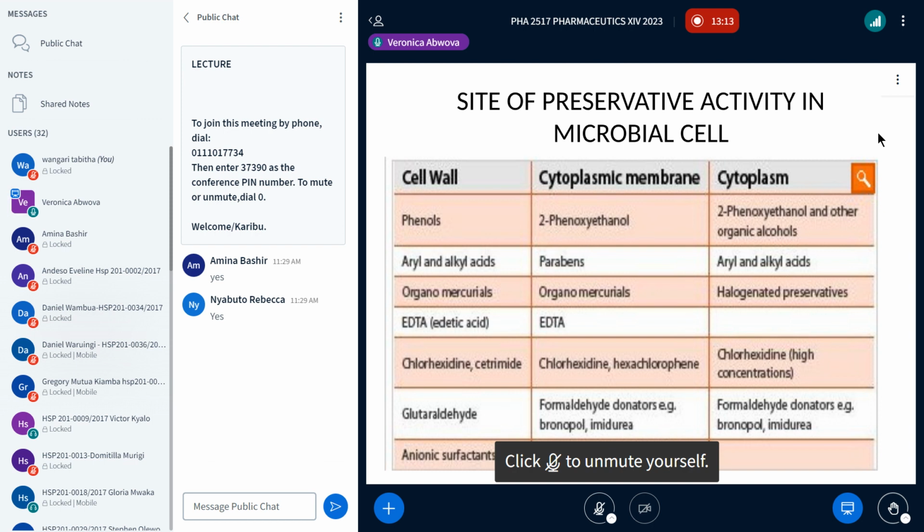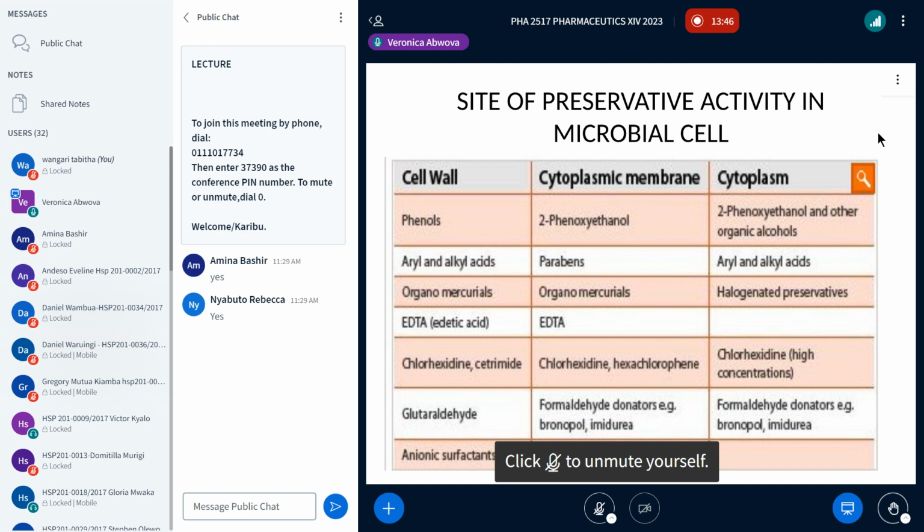If the purpose of the cytoplasmic membrane is to enclose the contents of the cell, it means that if you disrupt the cytoplasmic membrane, what is going to happen to the contents within the cell? The cell will release them into the environment. And of course, if that happens, the cell will be compromised and die. So those are some of the things that will happen. Think of the functions of the cell wall. If you disrupt the cell wall, what will happen?